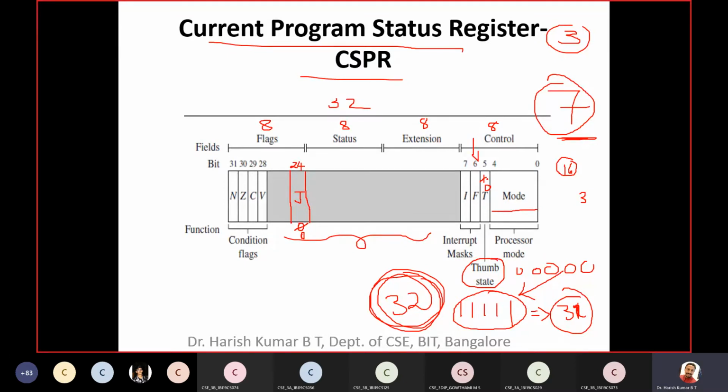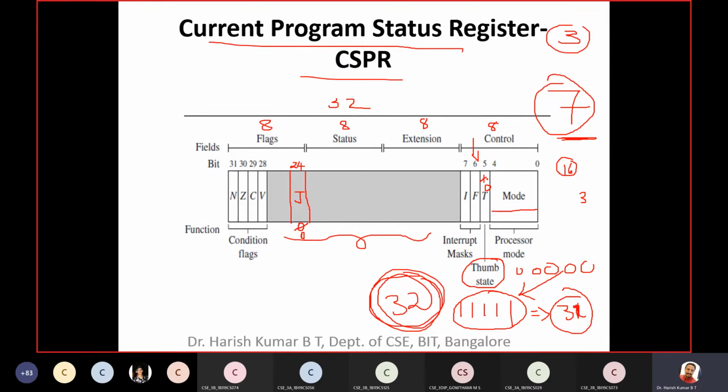So I said interrupts. And you also understood the 2 types of interrupt controllers. Can you tell me what those 2 types are? We discussed it yesterday or the day before, I guess.